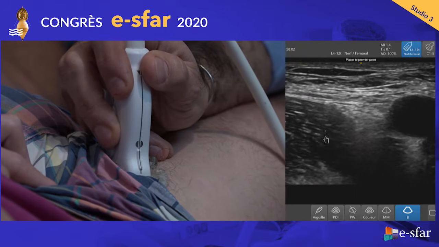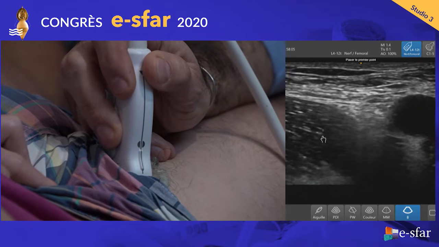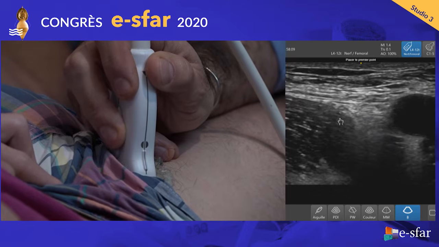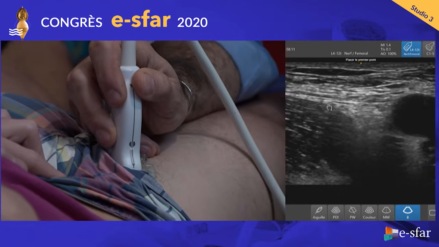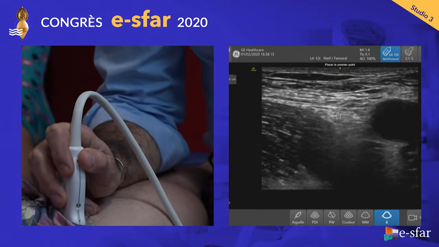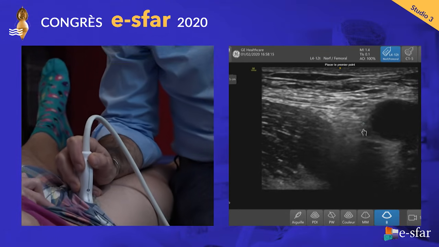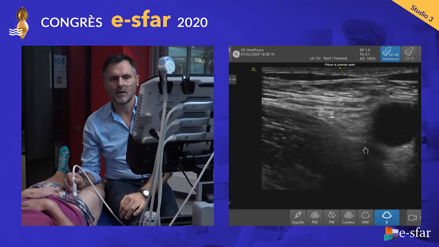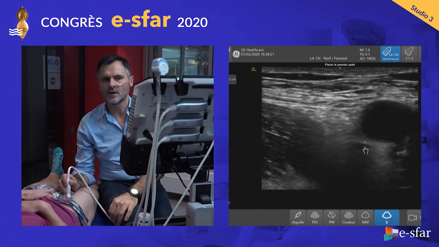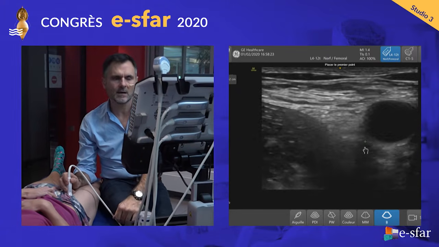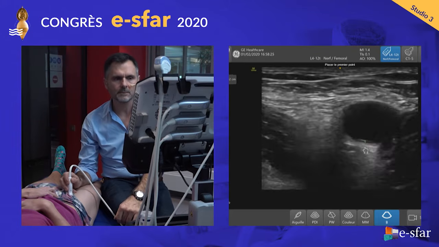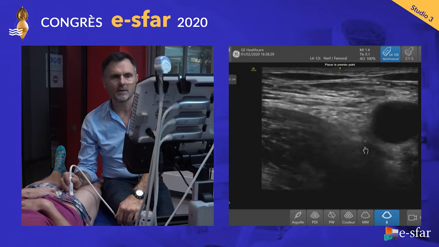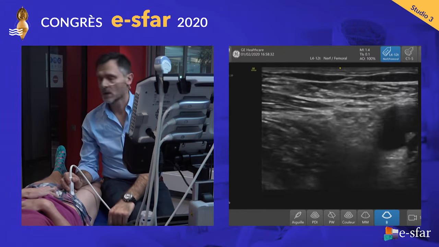It is surrounded by different sheaths, and the fascia iliaca sheath is there. So it is normal to have a very flat nerve in this area. This is for the femoral nerve.